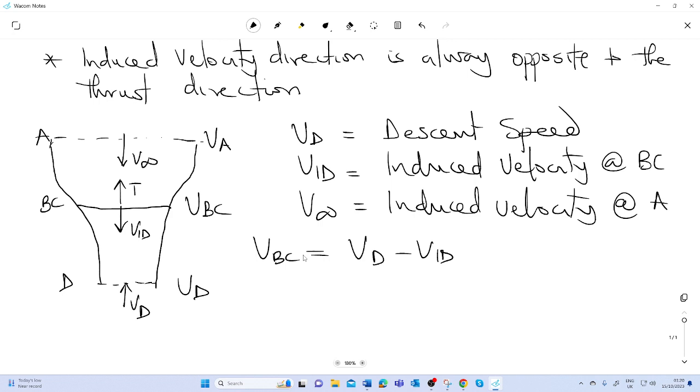That is, the velocity at BC equals the velocity at D minus the induced velocity at point BC.